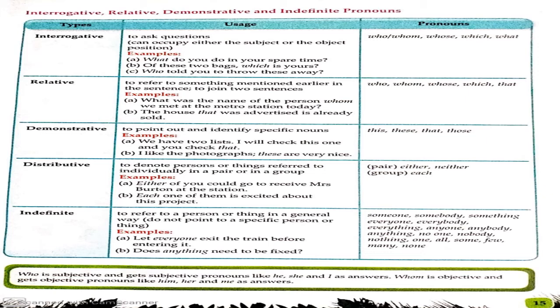You can see the examples of indefinite pronoun: someone, somebody, something, everyone, everybody, everything, anyone, anybody, anything, no one, nobody, nothing, one, all, some, few, many, none. These all are the examples of indefinite pronoun.